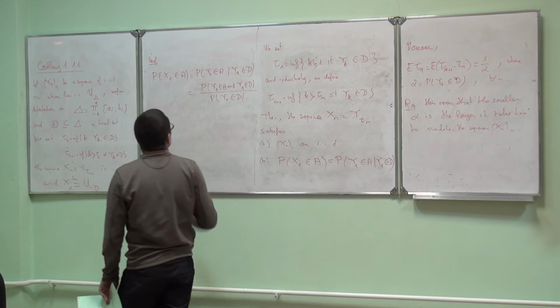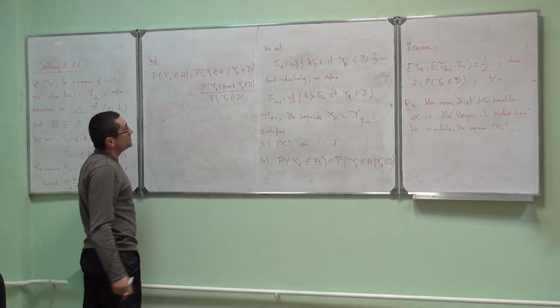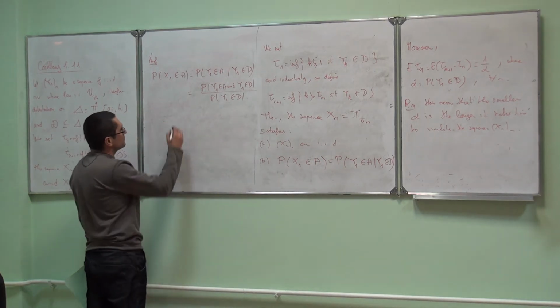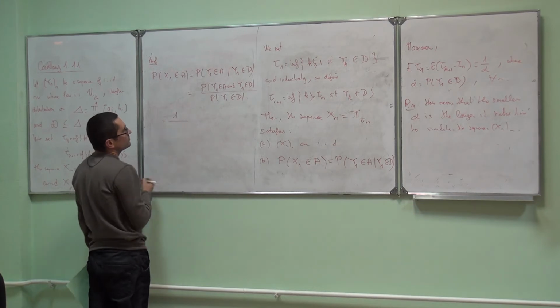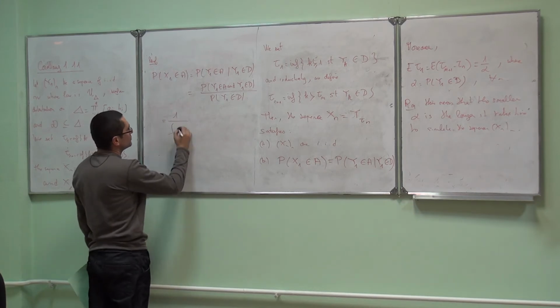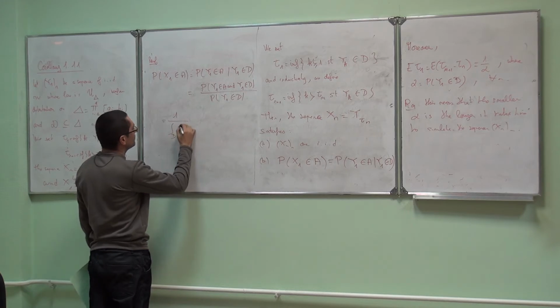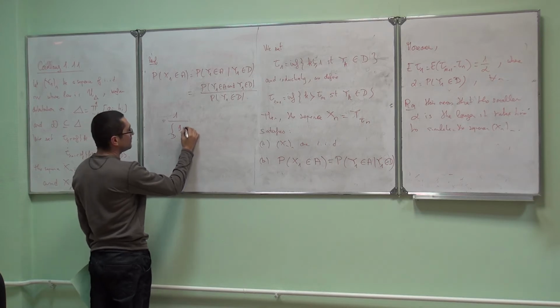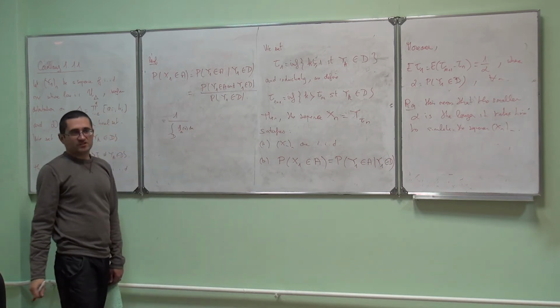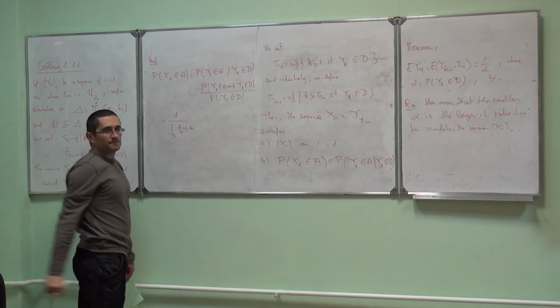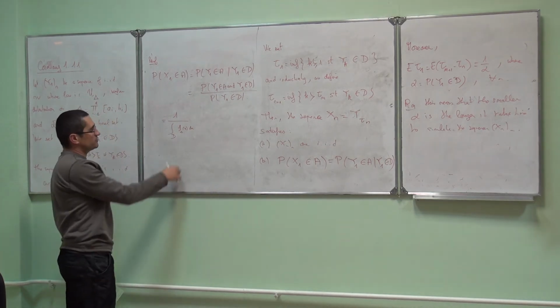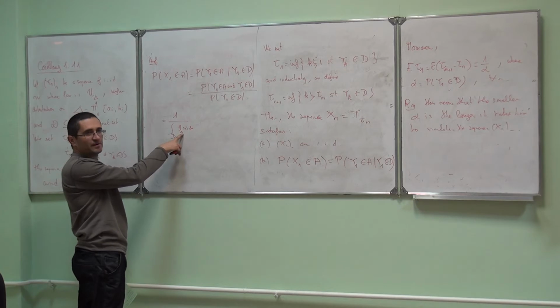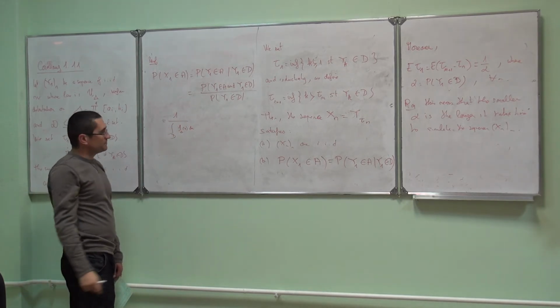And then we can deduce the following, because this is the integral of the indicator function of D, of the indicator function of delta, of x dx. But actually, this probability is just the same when you replace delta by D, because D is included in delta.